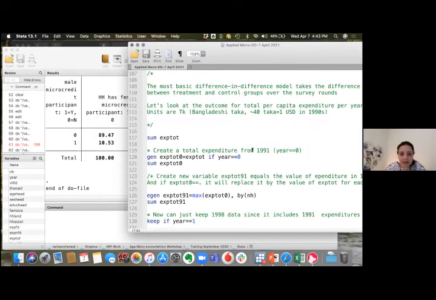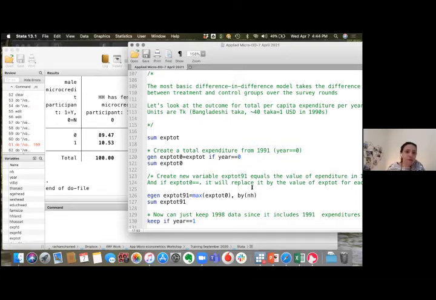First, I will create, what I will show you now is not as sophisticated, but I'm just showing you different steps to be able to differentiate between total expenditure in 91 or year 0 and total expenditure in 98 in year 1 without reshaping, simply to keep all the other variables of interest, because I want to compare only the total expenditure per capita.